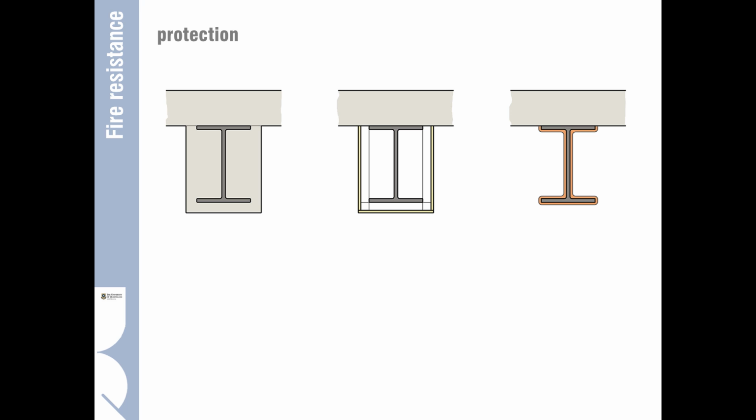We can use sheeted pre-engineered systems of multi-layers of gyprock or plasterboard or gypsum board material, and if it's done well enough, the fire resistance of the gypsum board will protect the steel long enough for people to evacuate in a fire. The third one is coating the steel with a special intumescent paint.